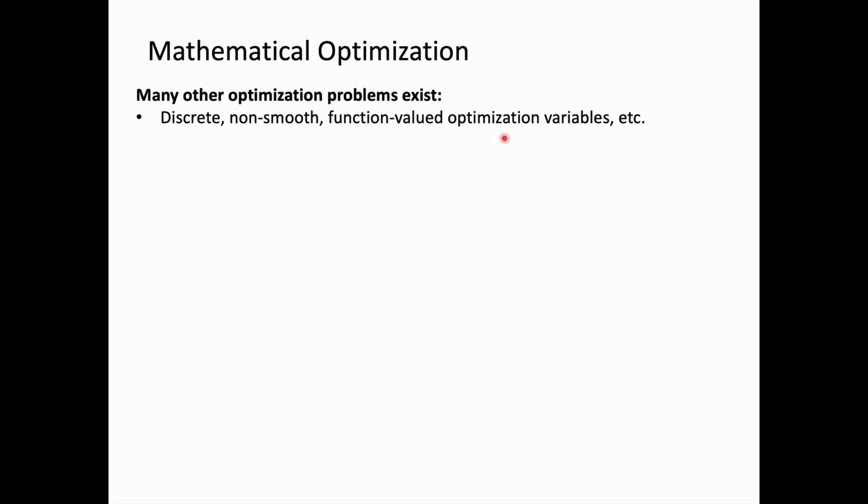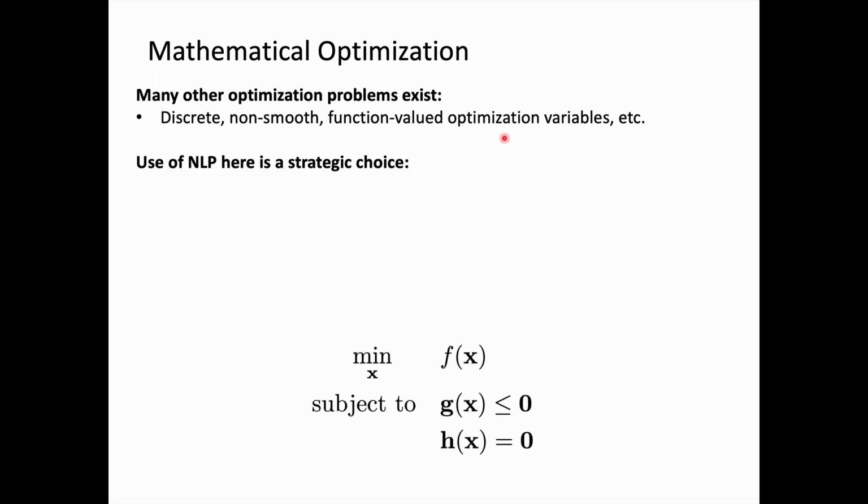So for example, a trajectory through time or something. And that relates to a completely different class of optimization problems. This relates to an area called optimal control. That's a really interesting aspect of mathematical optimization that's important for other areas of engineering design.